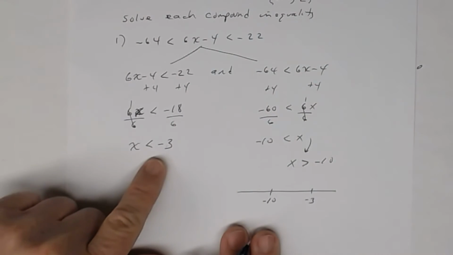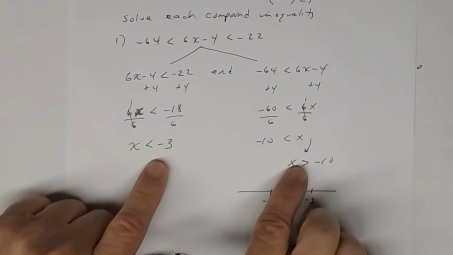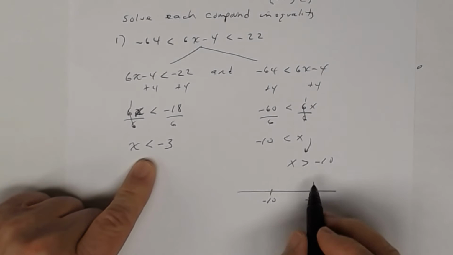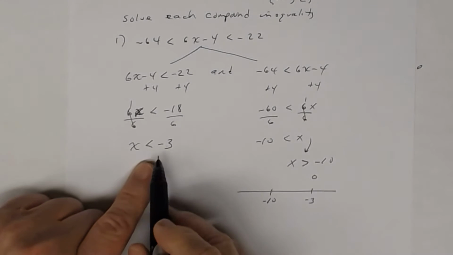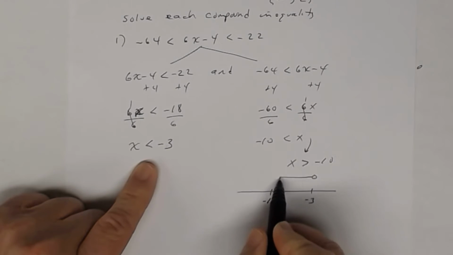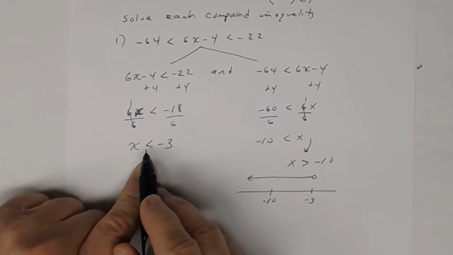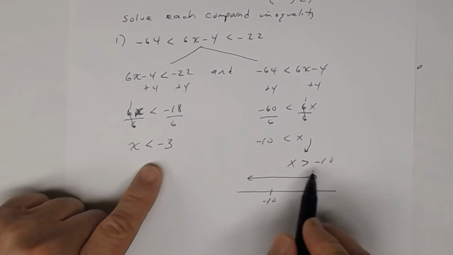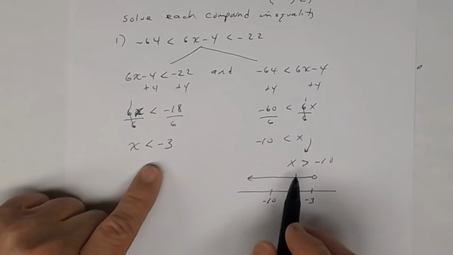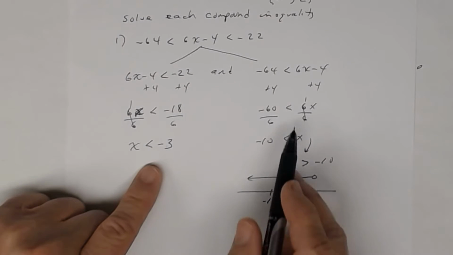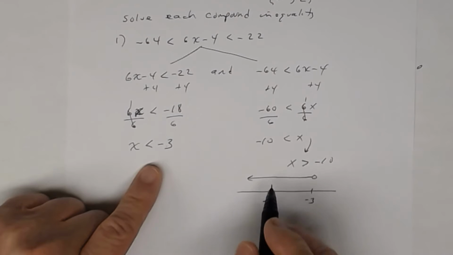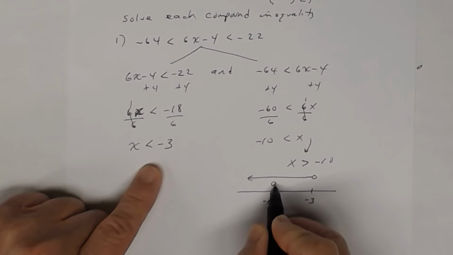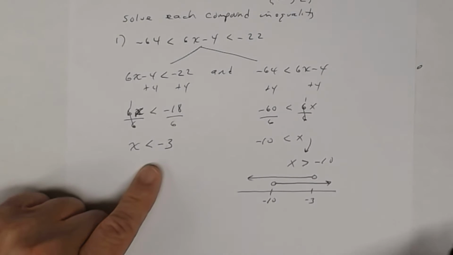And we're going to graph each of these individually. So x is less than -3. Open circle because there's no equal sign. And shade to the left because it says I want all the real numbers less than -3. This right here says that all my solutions to this inequality will be any real number greater than -10.